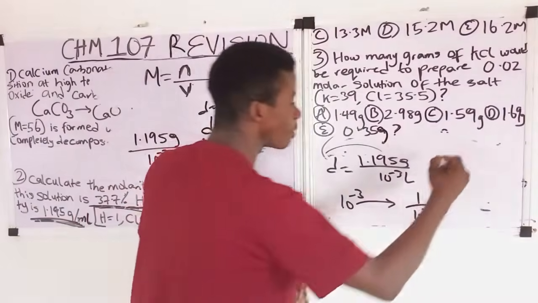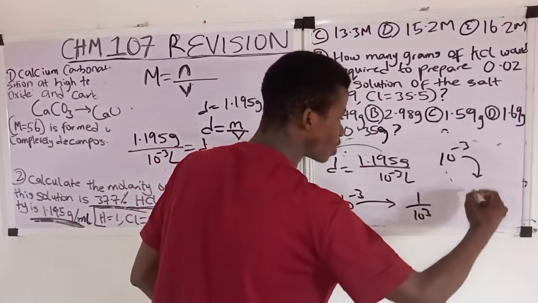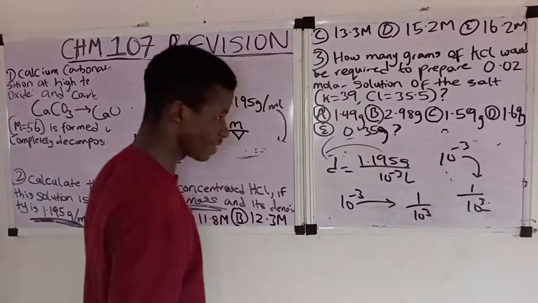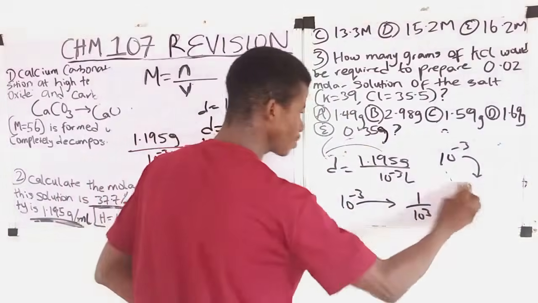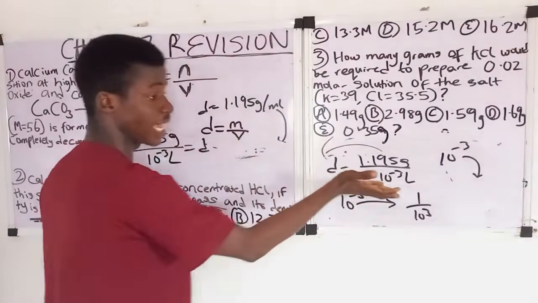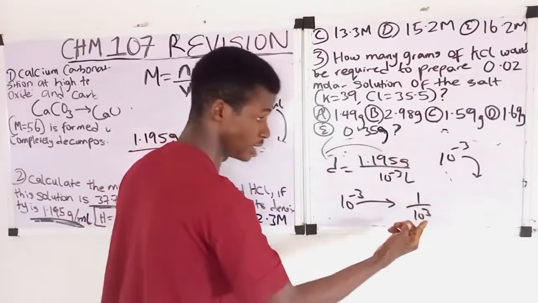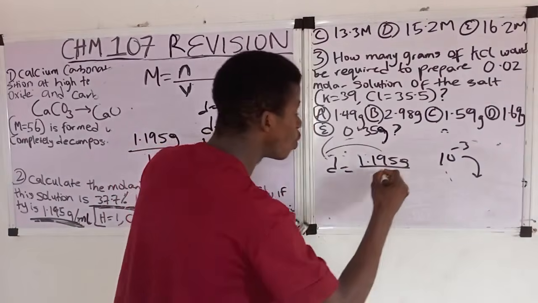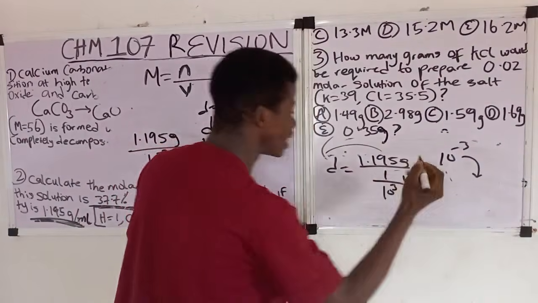Therefore, 10 raised to the power minus 3 is the same thing as 1 divided by 10 raised to the power 3. So the density is 1.195 gram dividing 1 over 10 raised to the power 3 liter, right?